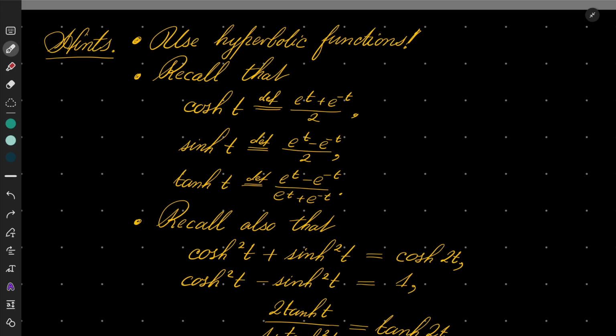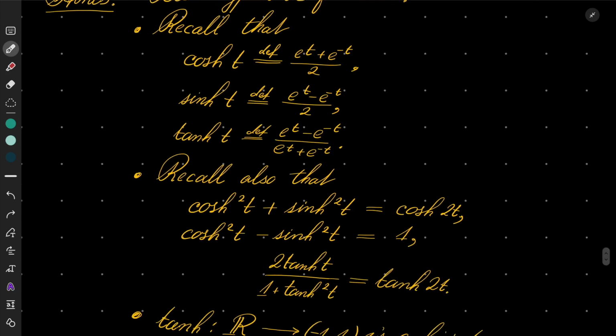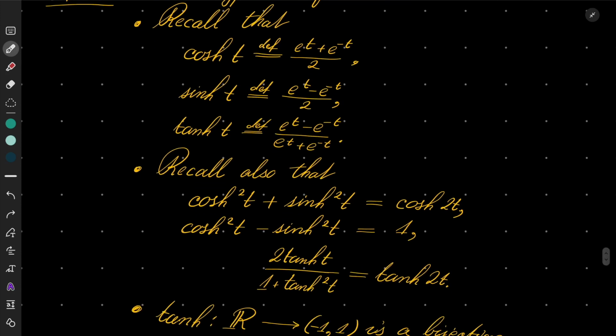Many identities are satisfied by hyperbolic functions, and many of them look almost the same as identities for trigonometric functions. For example, we will use 3 identities. Hyperbolic cosine squared of t plus hyperbolic sine squared of t equals hyperbolic cosine of 2t. Hyperbolic cosine squared of t minus hyperbolic sine squared of t equals 1.